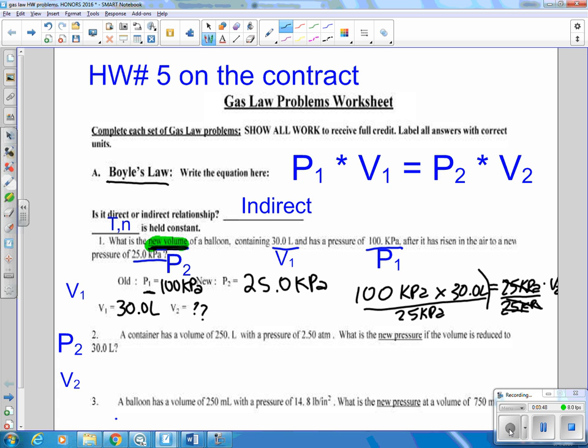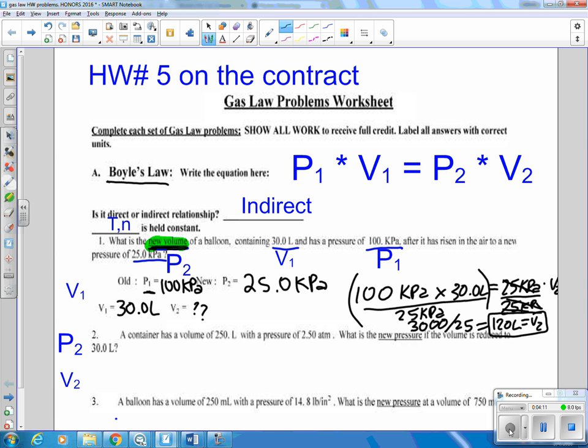So you do the math, 100 times 30 over 25, which becomes 3,000 over 25, and it should come out to be 120 liters. Okay, that is your answer for V2.